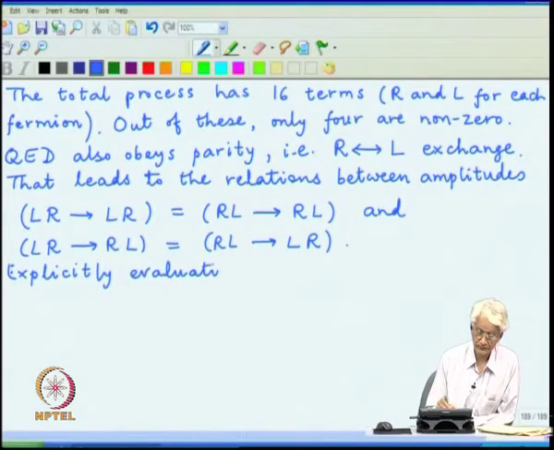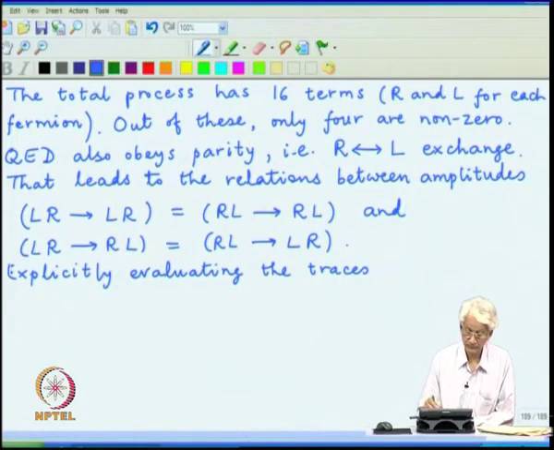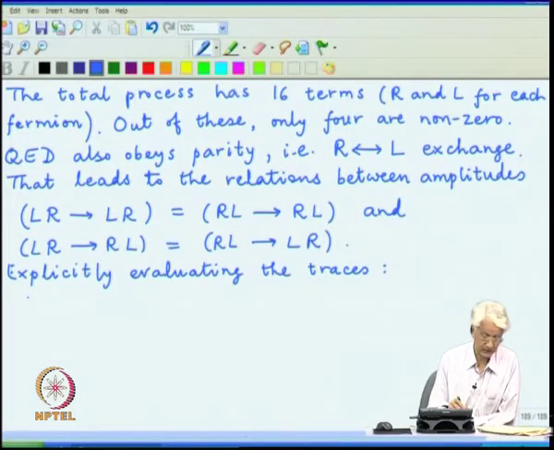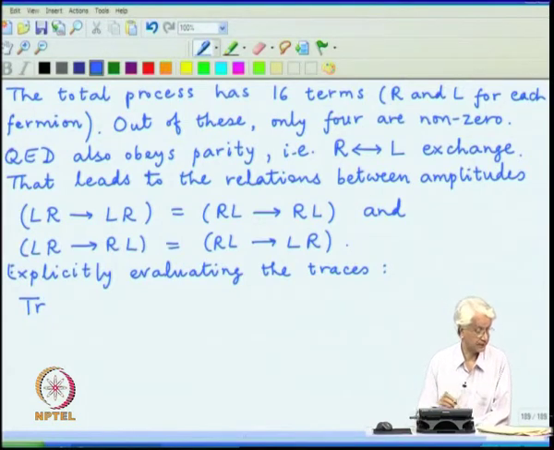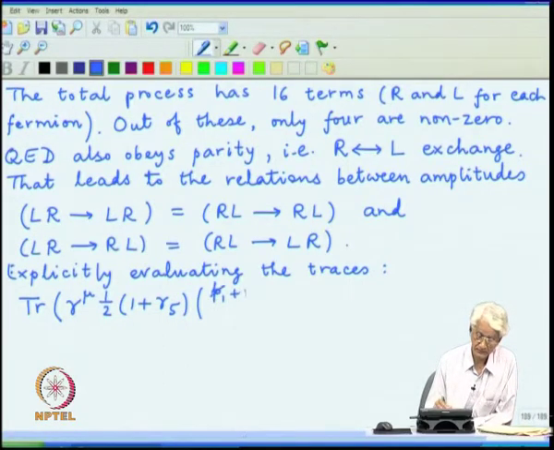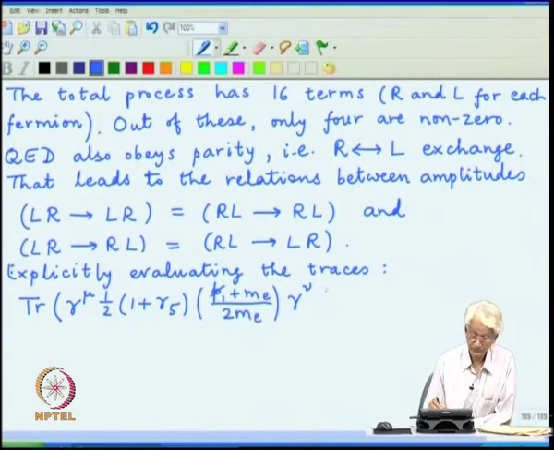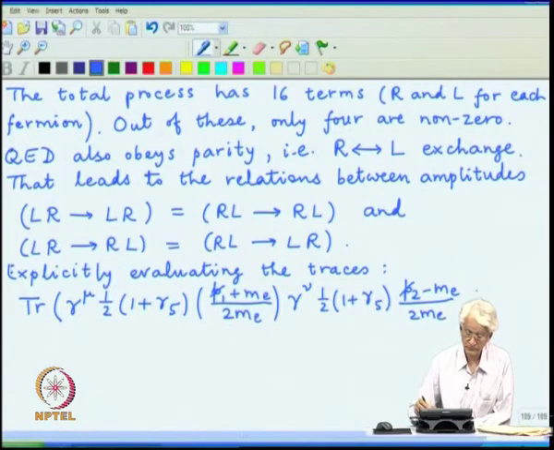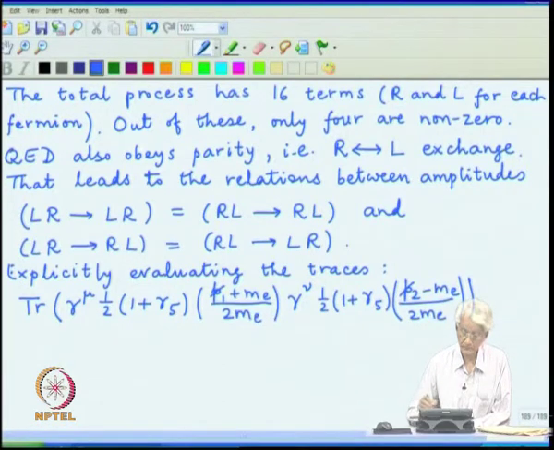So, the case where both the u and v spinors have the same factor of 1 plus gamma 5, which is an allowed process, produces this particular form.